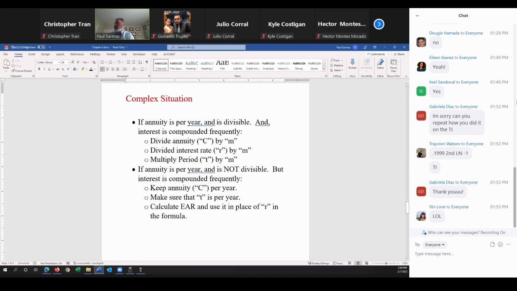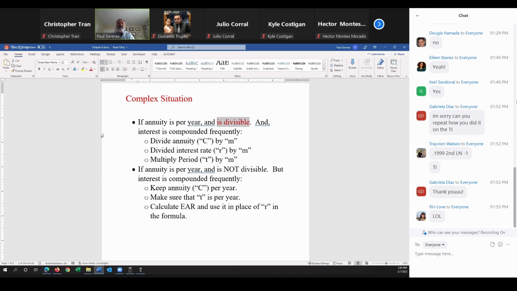Is that your annuity is per year and is divisible. Okay. So let's say you are supposed to be receiving $1,200 a year, and it is divisible.